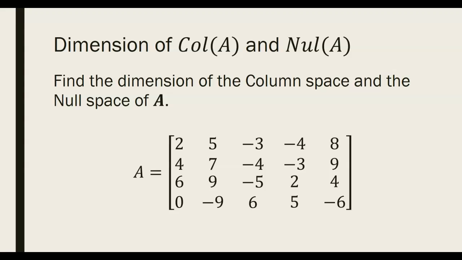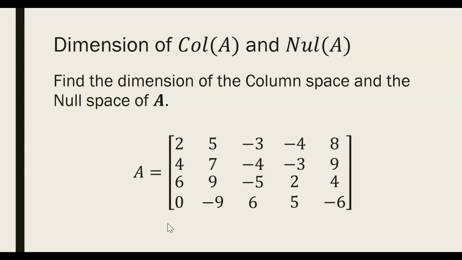So we already found in the last section the idea of the column space and the null space of A. So let's go ahead and find the dimension of the column space and the dimension of the null space of a matrix A. By the way, if you remember how to figure out how many vectors are going to be in the basis for the column space of A, just as a reminder, we row reduced.